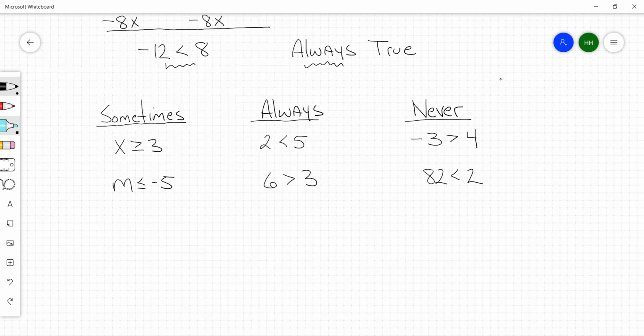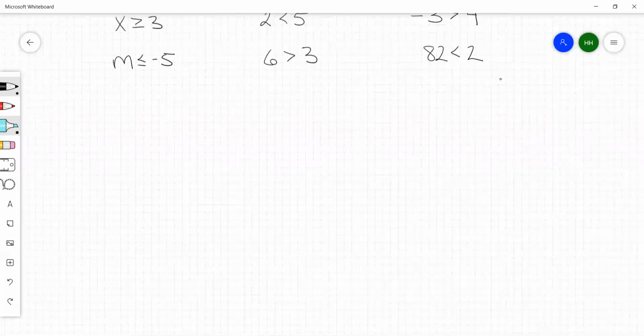All right, two other inequalities to talk about today. They're called compound inequalities.